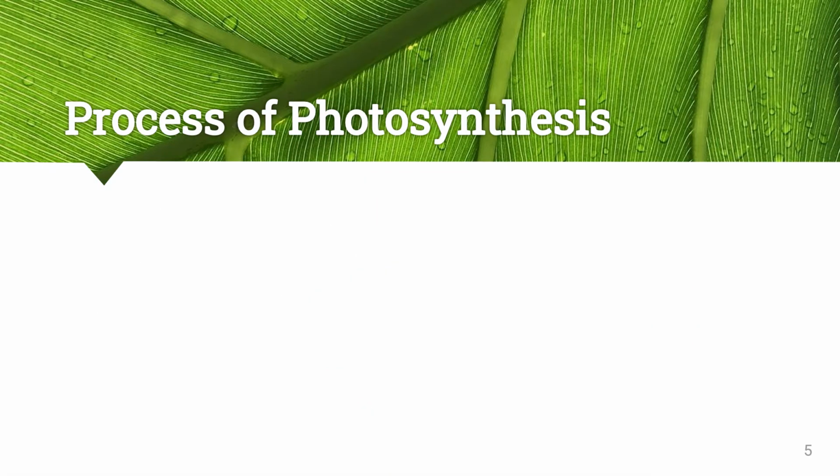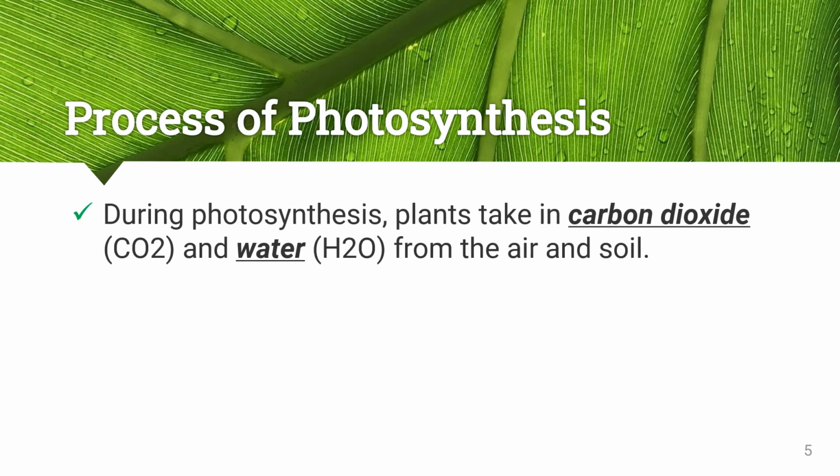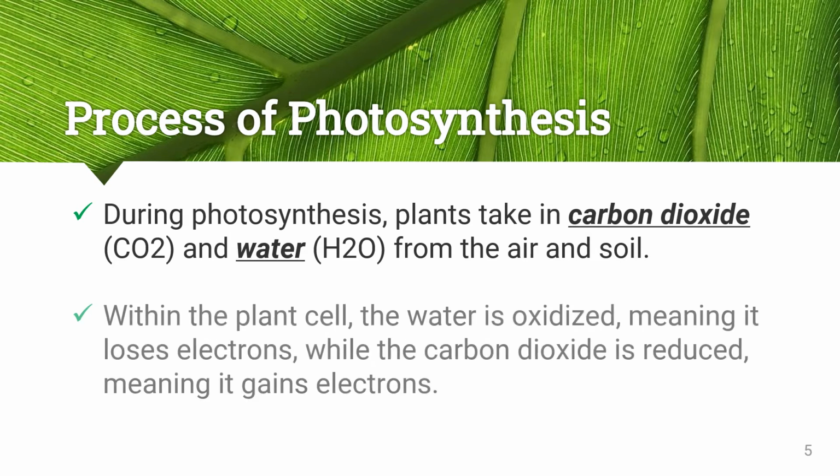Now, let us discuss further the process of photosynthesis. During photosynthesis, plants take in carbon dioxide, usually coming from animals and humans, and water, or H2O, from the air and soil.